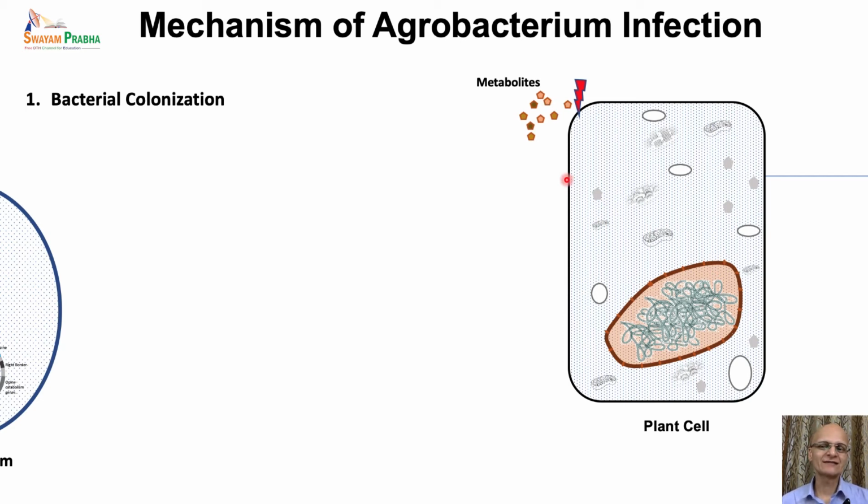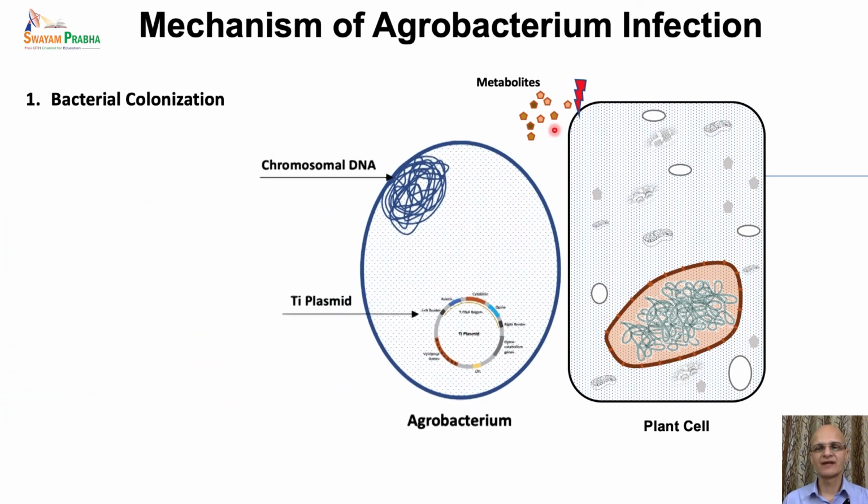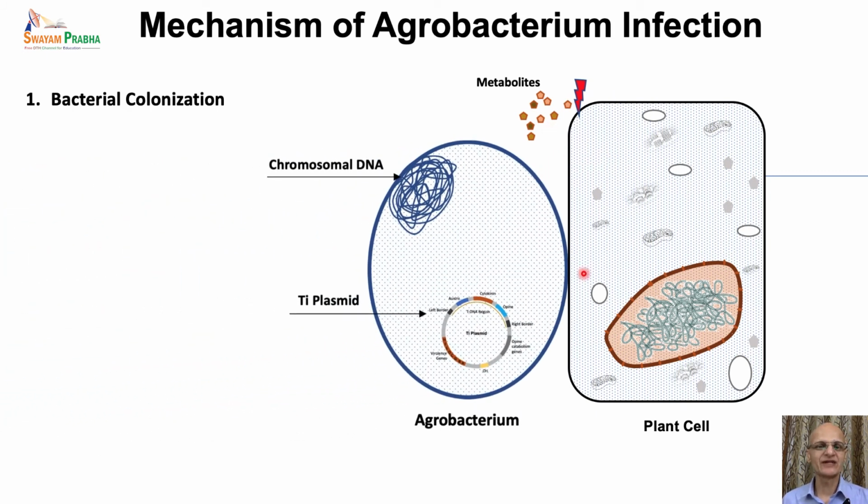It senses the release of these secondary metabolites and moves towards the site of injury through chemotaxis movements. So the Agrobacterium moves close to the plant cell at the site of injury and attaches itself to the plant cells there. Second step is the induction of virulence genes.